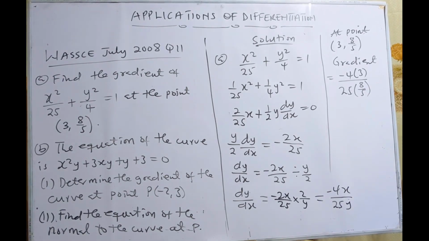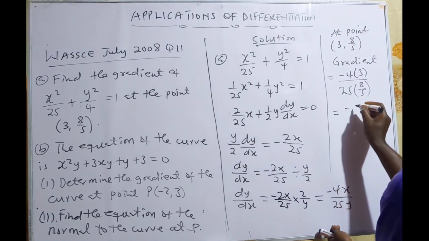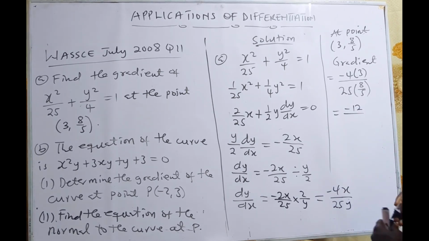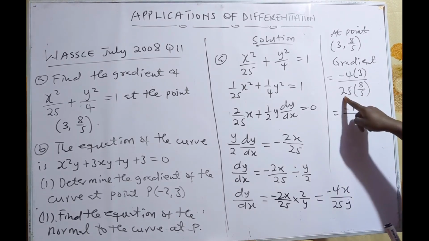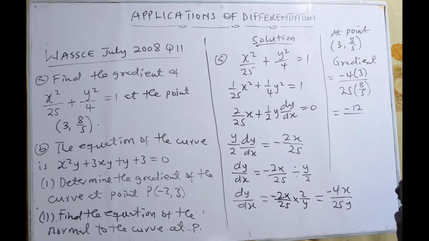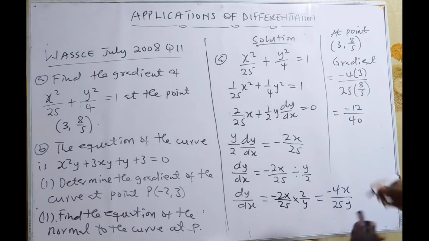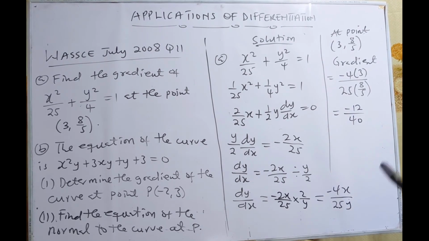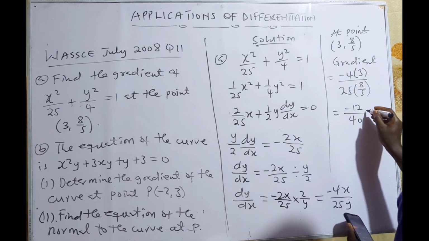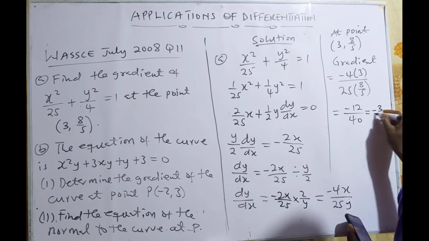So minus 4 times 3 will give me minus 12. And then 5 will go into 25 5 times, and 5 will multiply by 8 to give us 40. So that will be minus 12 on 40. Let's simplify it. Minus 12 divided by 40 will give us minus 3 on 10.